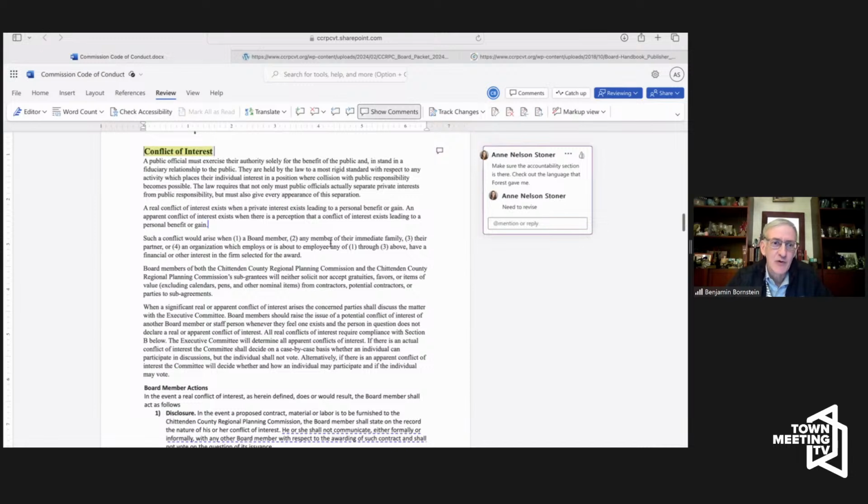In other words, the actual legal definition under federal law has a lot to do with not only that a real conflict of interest exists when a private interest leads to a personal benefit or gain, but what's happening here in this language seems to blur the distinction that it's not merely where there's a matter of personal benefit or gain, but where private or personal interests, not just a personal benefit or gain, could be considered.